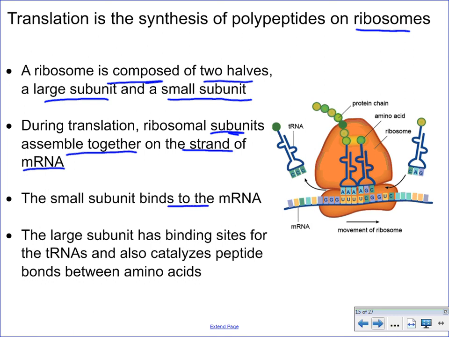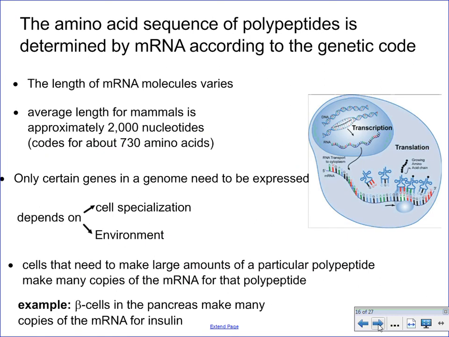The small subunit will bind to the mRNA, and then the large subunit has binding sites for transfer RNAs, and will also catalyze the peptide bonds between amino acids. So the amino acid sequence of the polypeptide is going to be determined by the mRNA according to the genetic code, and we'll talk about that genetic code on the next slide.